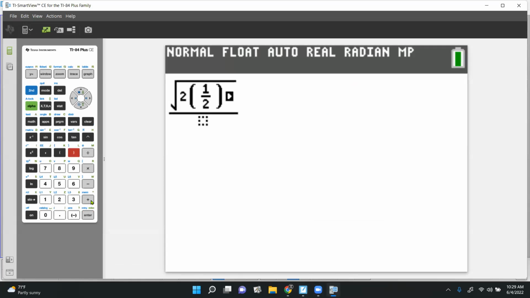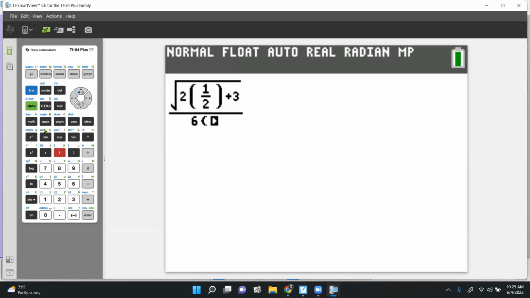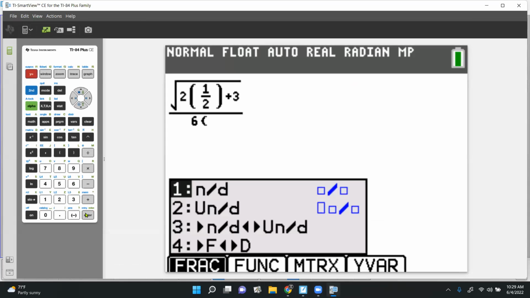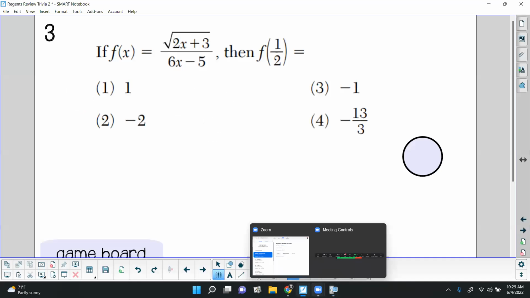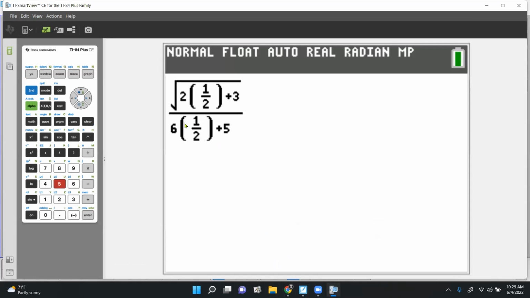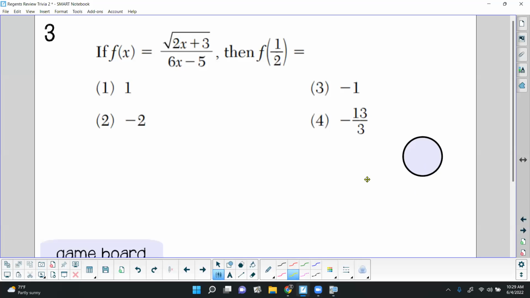All right, plus 3. And then down in the denominator, the 6x minus 5. So I put 6. I'm wasting all my time with this 1/2 fraction business. I should have just put 0.5. That would have been so much faster. Anyways, minus 5. Don't want to get it wrong now. -1.